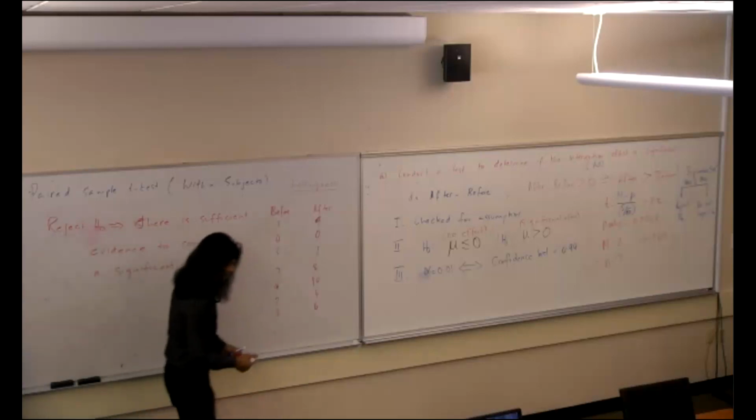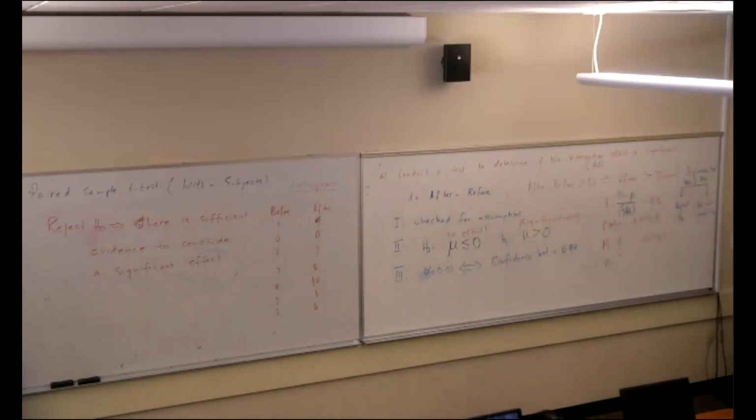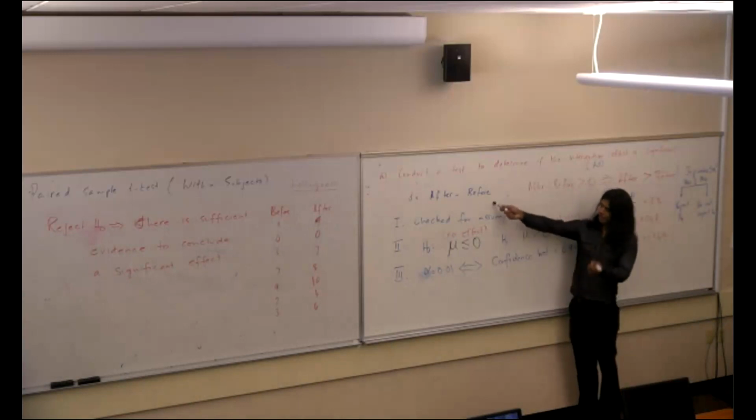What is this effect that we are referring to? Mu bigger than 0. Well, mu is the average difference.